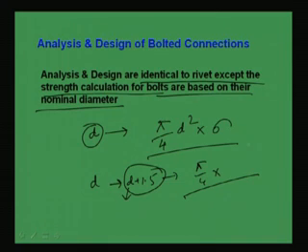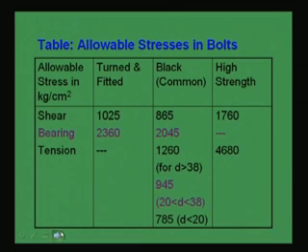Of course, the allowable stress in bolt and allowable stress in rivet are also different, which are given in the code, and earlier we have discussed what are the stresses for different types of rivets. Here I am showing in the table the allowable stresses for different types of bolt and for different types of stress. Like for turned and fitted bolt, the shear stress is 1025 and permissible shear stress for black common type bolt is 865.